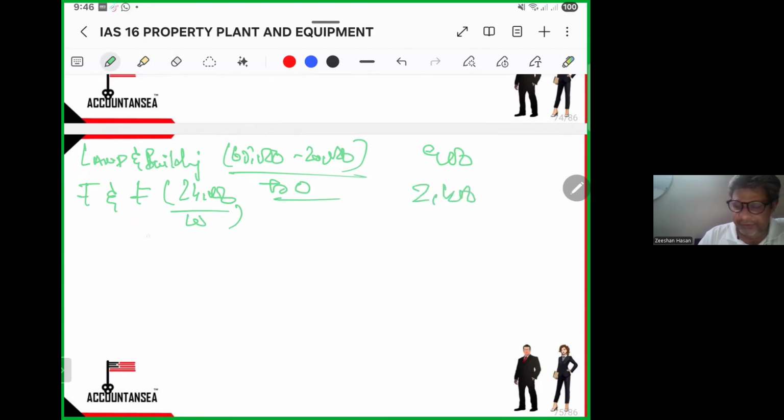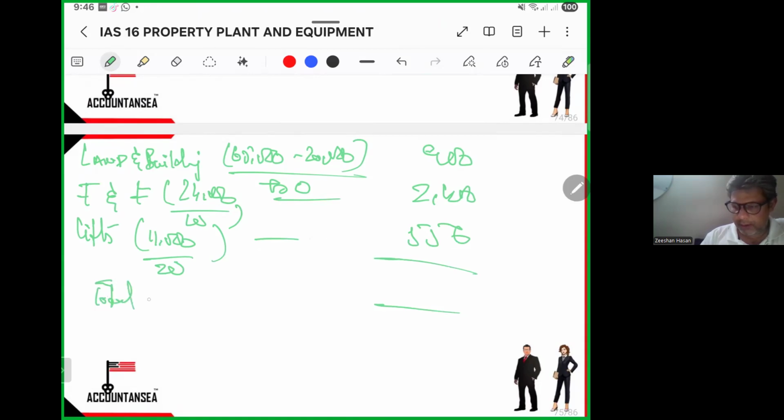Lifts: 11,000 divided by 20, 550. Total property depreciation, 3,850.